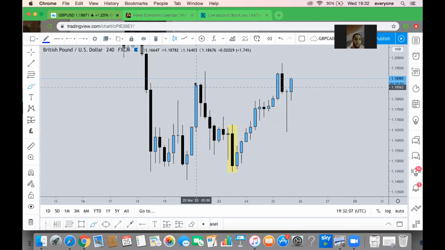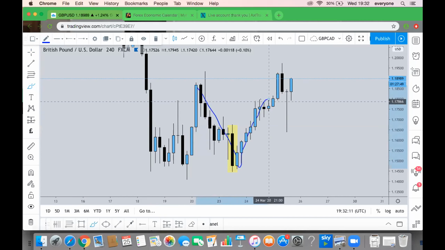It should start basically where they started failing. It shouldn't even get up to this level. So when it does get up to this level, it's a characteristic which is showing us that the continuation is not changing. Does that make sense? Because this is basically a lower low being made. So we're now anticipating a lower high being made to then a lower low again. Does that make sense?